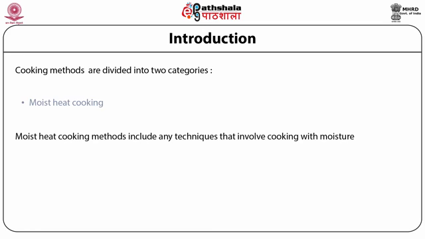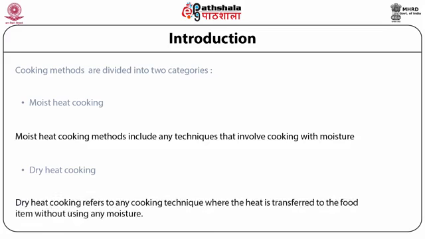Tender cuts of meat do not require moisture and long or slow cooking. They are usually cooked with a dry heat method. There are two basic methods of cooking meat, which are moist heat method and dry heat method.